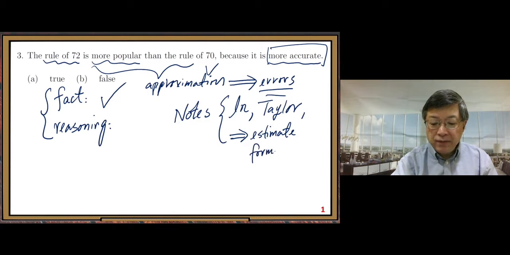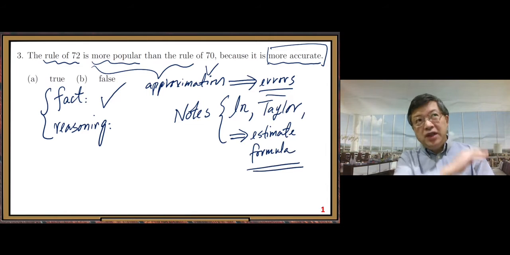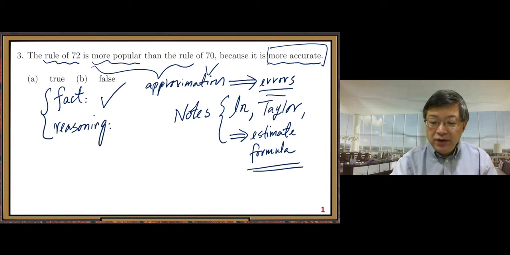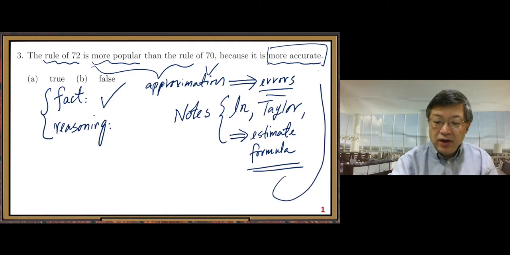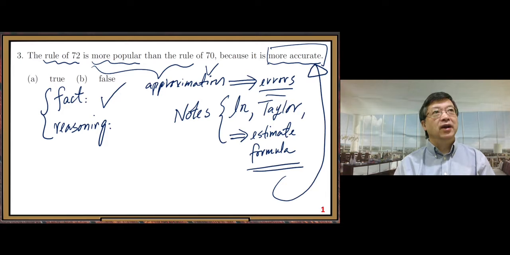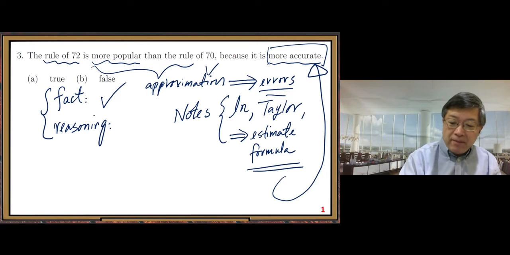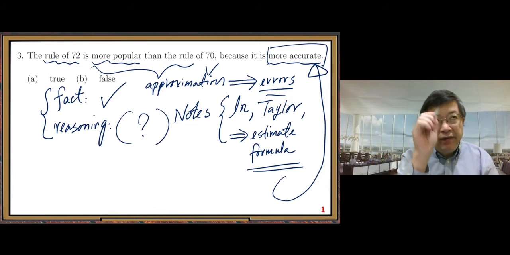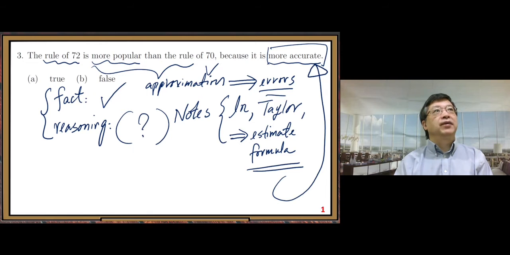You can find it in the notes. After you see that formula, you can make a decision if it is more accurate or not. Because based on that, you can make a decision if this reasoning part is correct or not. Okay? So that's one.